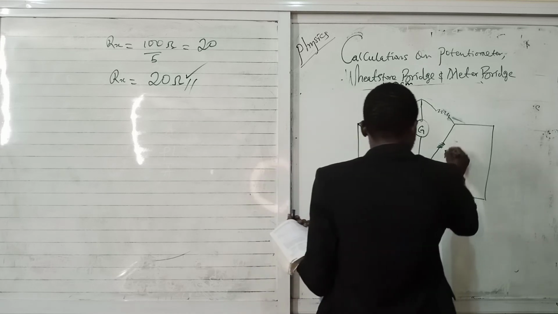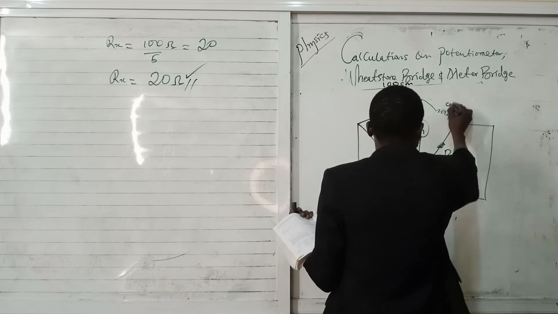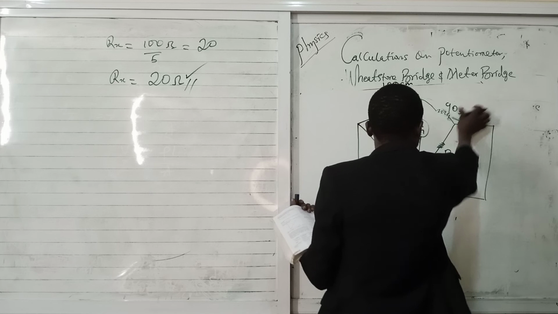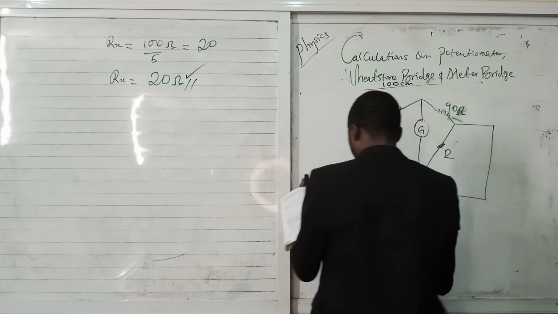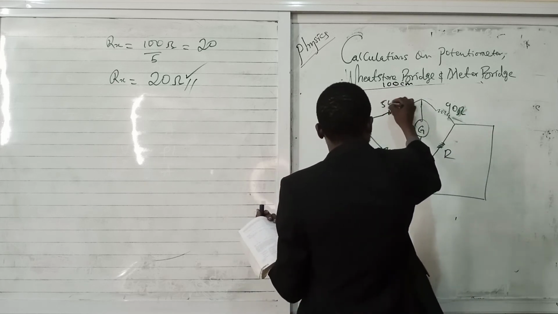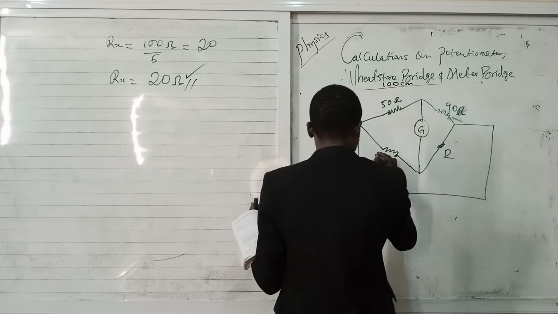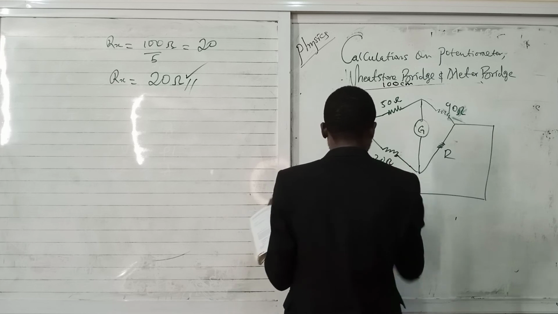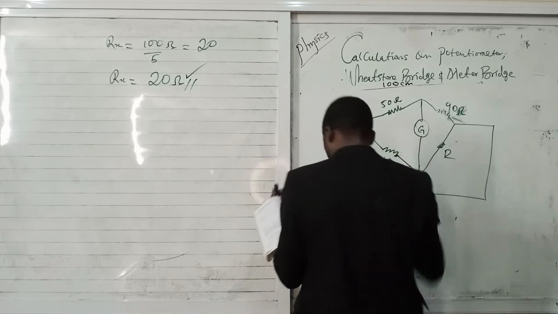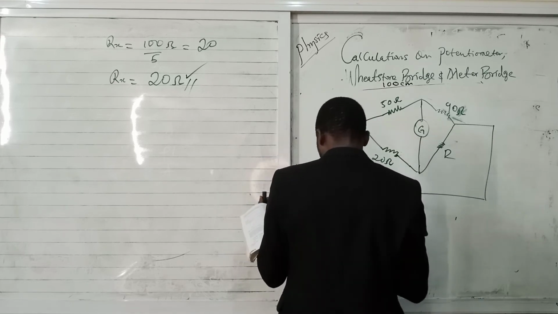So this is your R. This is your 90 ohm, this is your 90 ohm, and this is your 50 ohm, and this is your 20 ohm, and this is your G.